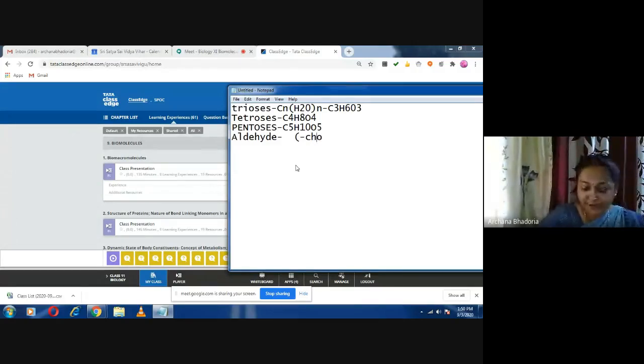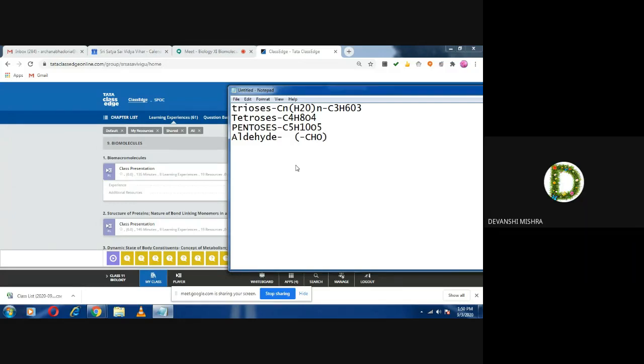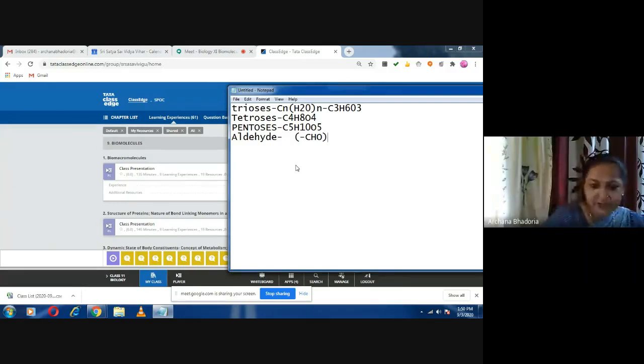The functional group is CHO. We have to write it down in capitals, children. CHO. What is the functional group of the aldehyde? CHO.